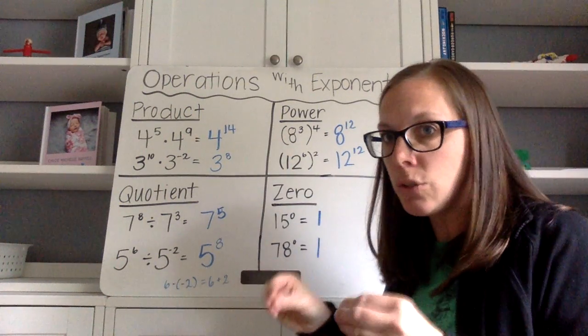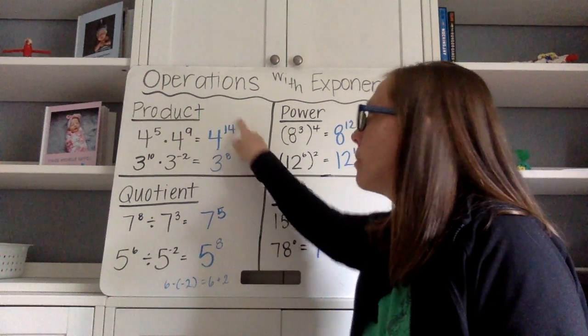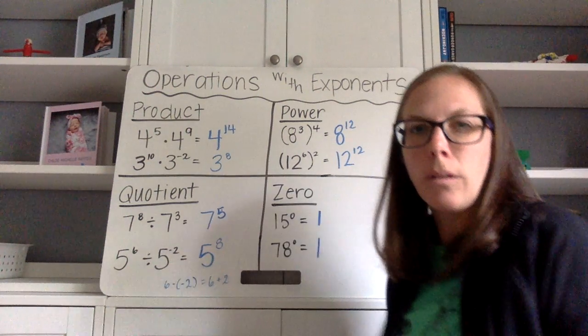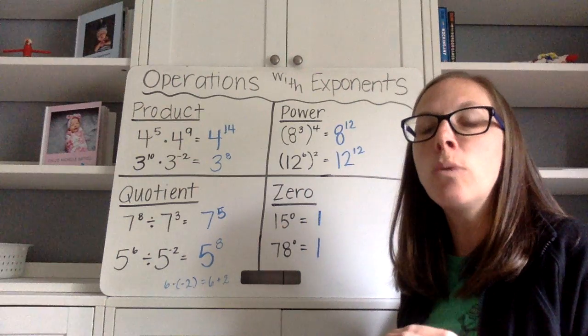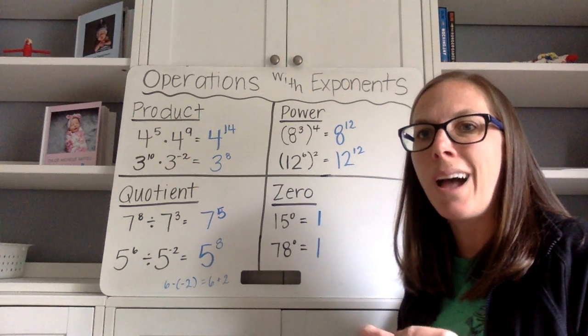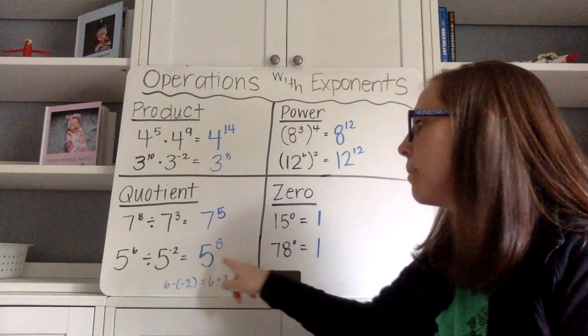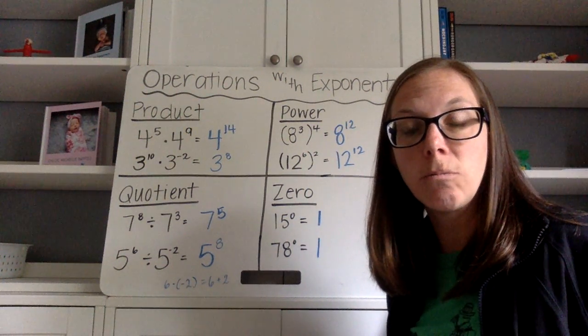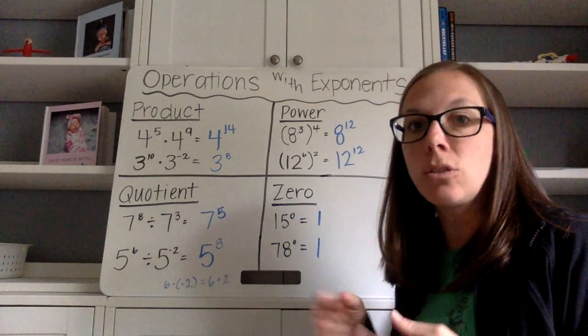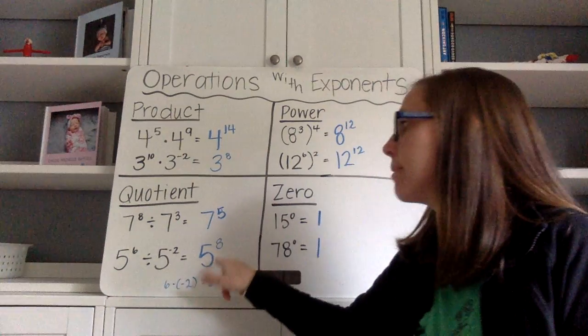The answer that I want is this simplified version. Make sure you understand that as you're working through these activities, that you want the simplified version, not the answer. I don't want to find out what is 5 to the 8th. I don't really care right now. My answer to this simplified is 5 to the 8th.